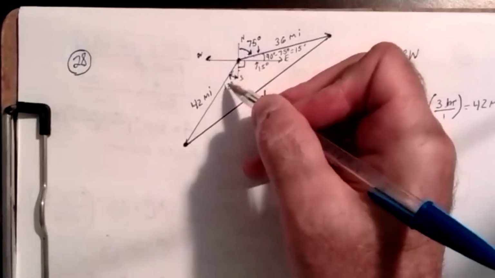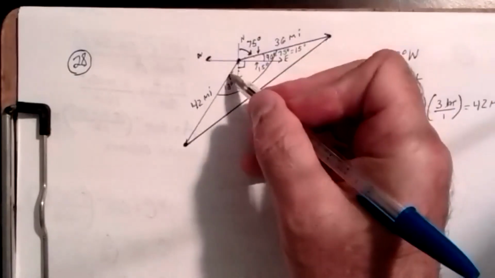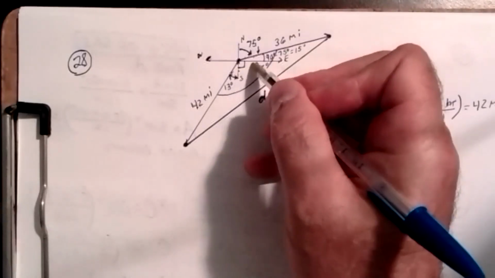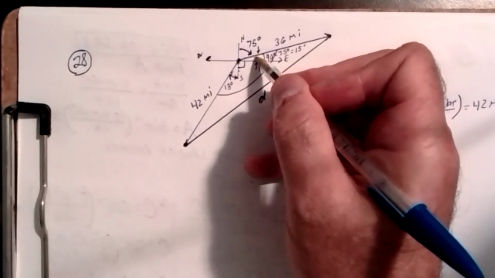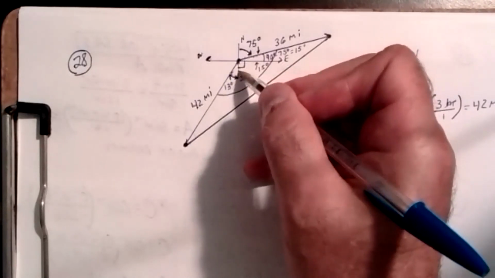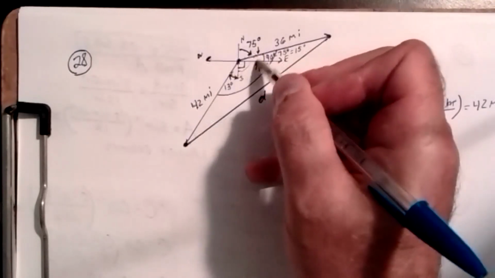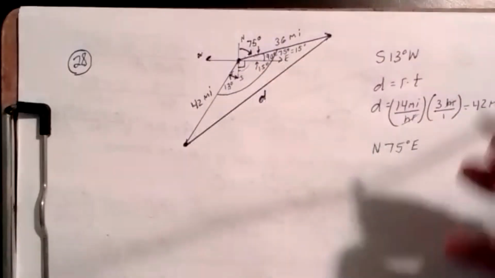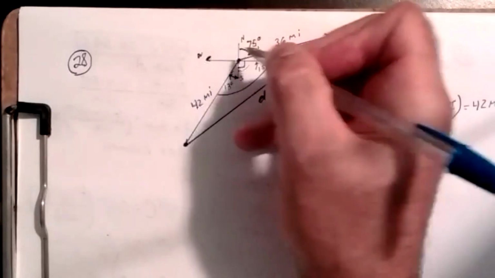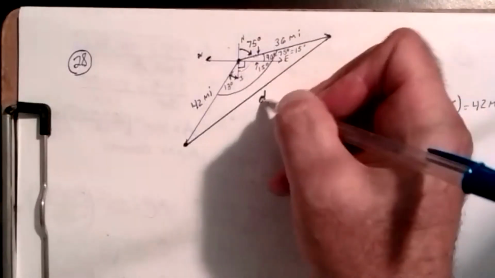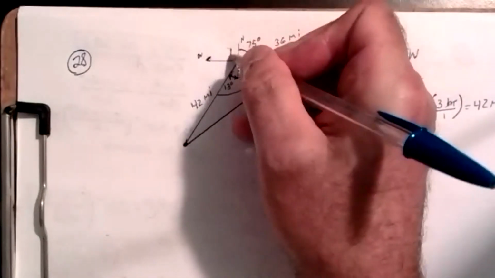So ladies and gentlemen, if we want to find this big old angle here, we know this is 13 degrees. We know this is 90 degrees. We know this is what? 15 degrees. That should take care of it, correct? 13 degrees plus 90 degrees plus 15 degrees would give us this angle. So what angle is that? I call this distance D here. If that's distance D, maybe we'll call this angle D here.